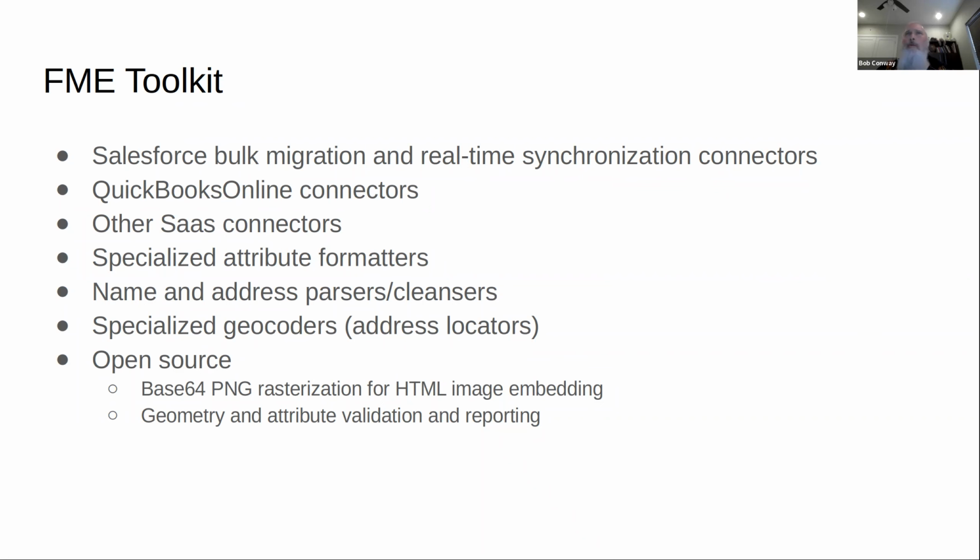I've also published open source tools on the FME Hub catalog for base64 encoding raster images as PNG files suitable for embedding in HTML, as well as a whole suite of geometry and attribute validation and reporting tools.